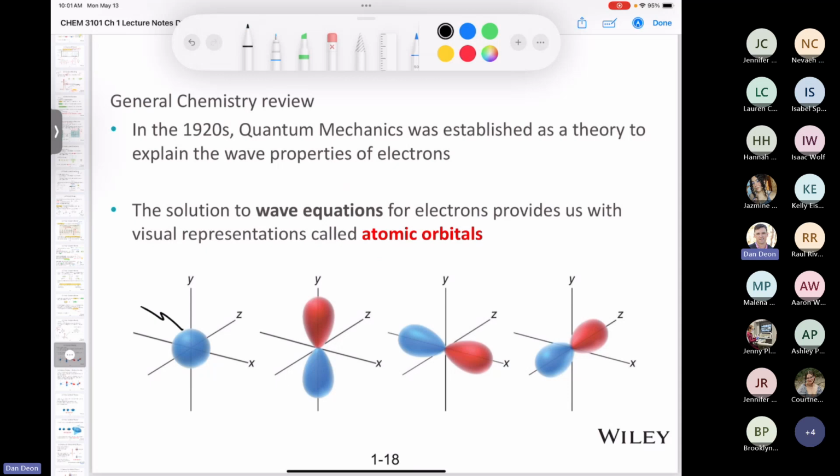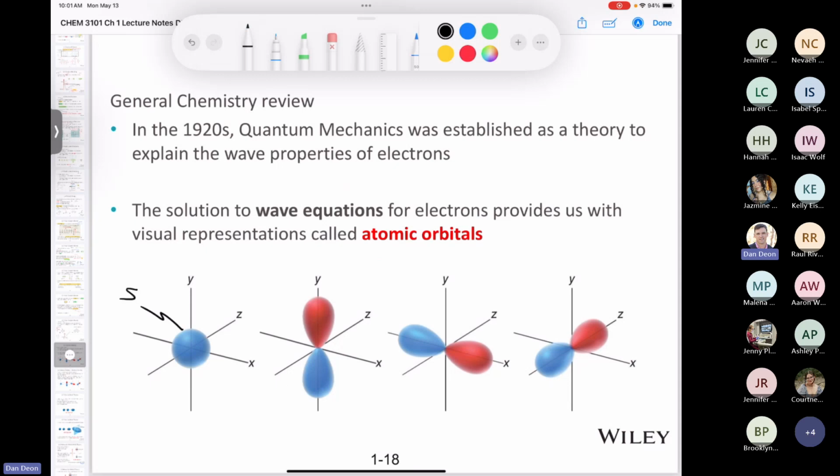If I put an arrow to this one, what type of orbital is represented by this shape? It's described by a letter of the alphabet. What type of orbital would this be? The one with the black arrow, exactly, that's an s orbital.